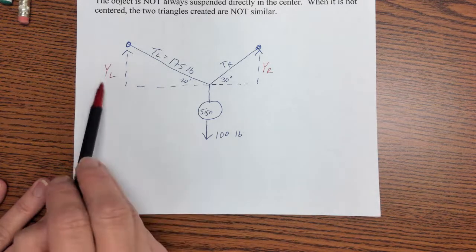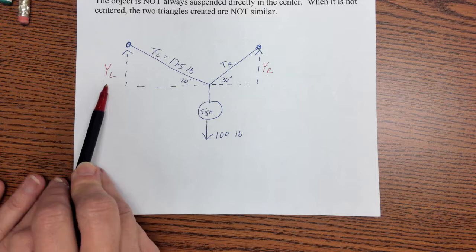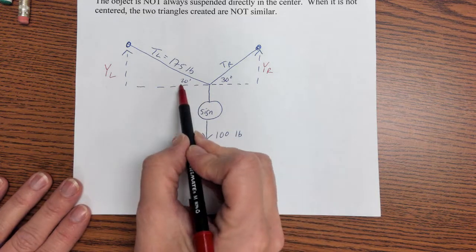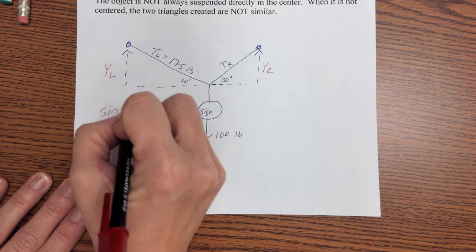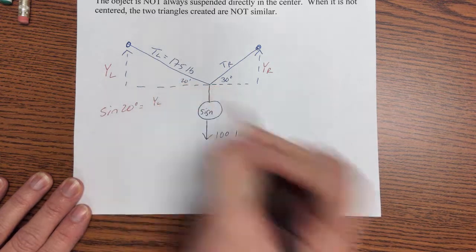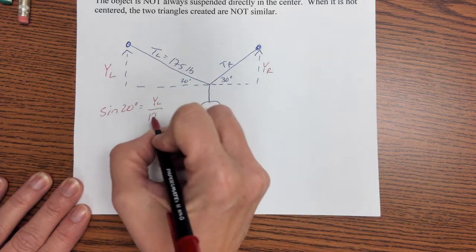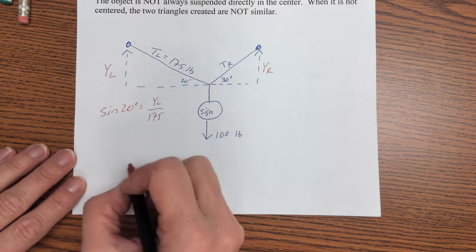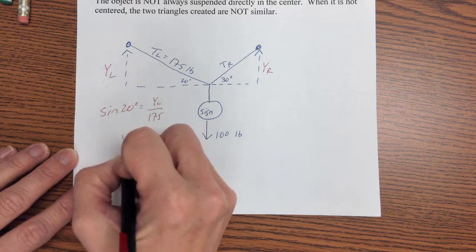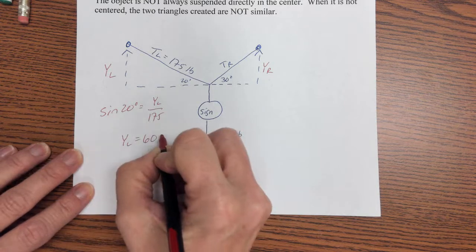We can find out how much weight the left side holds up because we have an angle over here and the hypotenuse. So sine of 20 equals the Y on the left over the tension on the left. So 175 times the sine of 20 is 60 pounds.